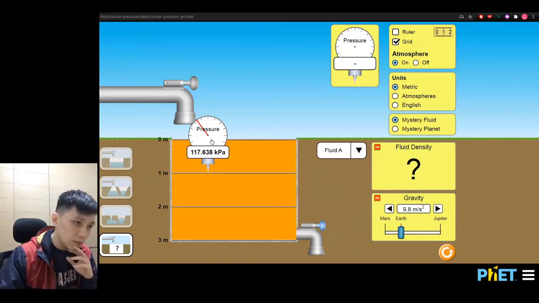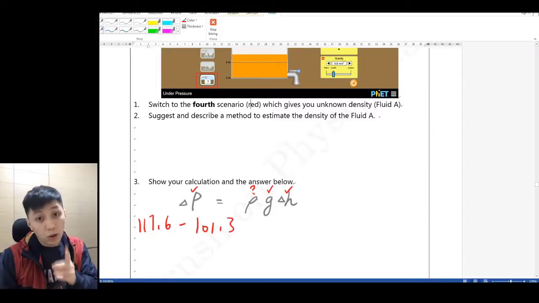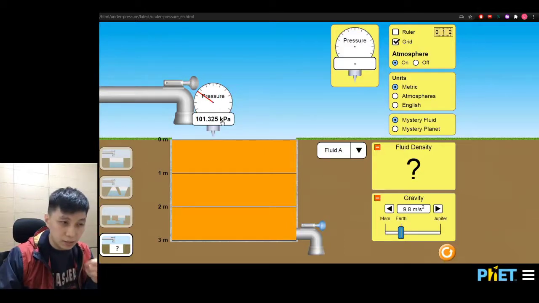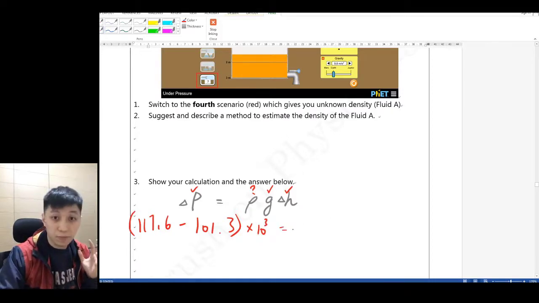And then moving to the 0 meter, that should be 101.3. Notice one thing, unit, very important. This is in kilopascal. That means your measurement is actually in 10 to the power 3 when you substitute the pressure in it.